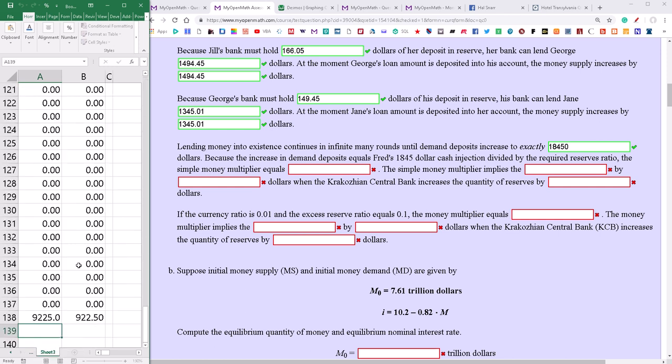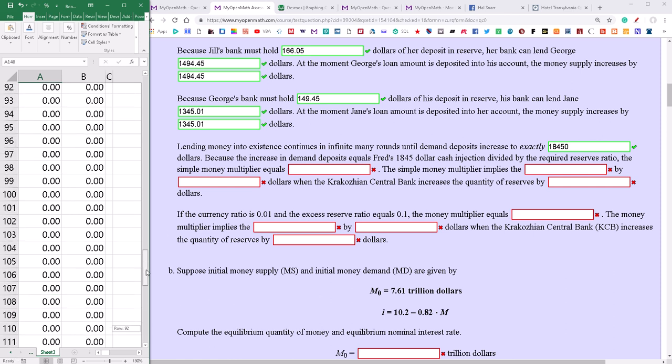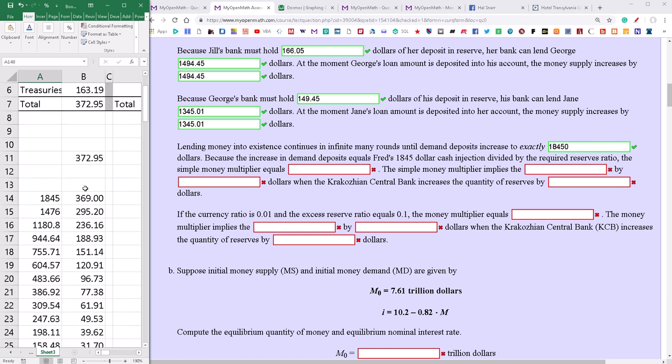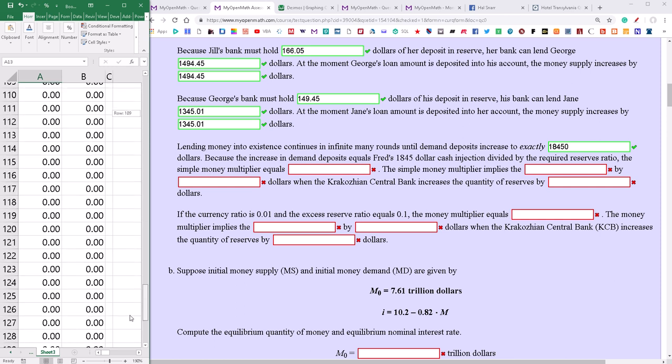Okay, so the sum is that. What is 1 divided by the reserve required ratio of 0.2? 5. So if I multiply this very first number times 5, what do I get? That sum, right? So yeah, that's the sum.